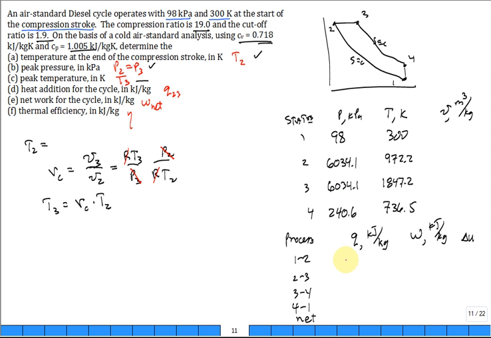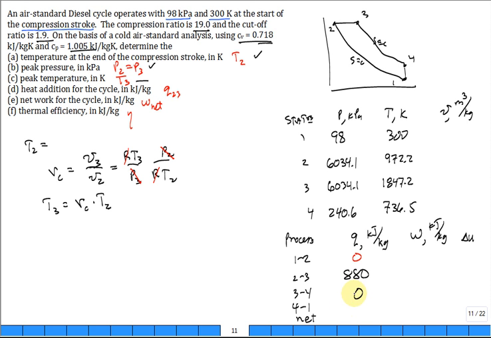Okay, so we can then solve for the Q's. This is 0, right? The heat transfer from 2 to 3 is the specific heat at constant pressure. That turns out to be 880. And then it's 0.